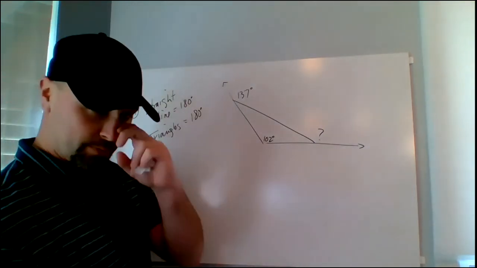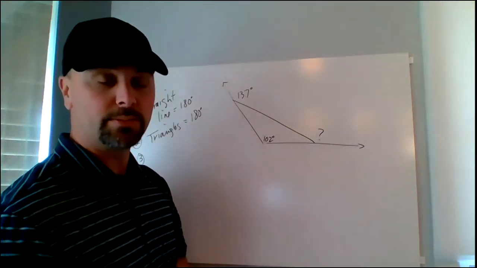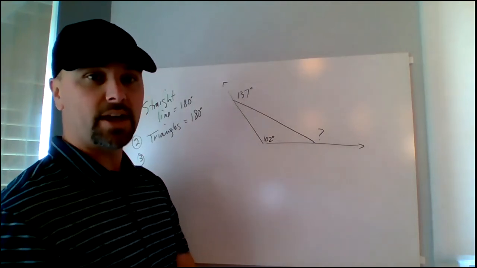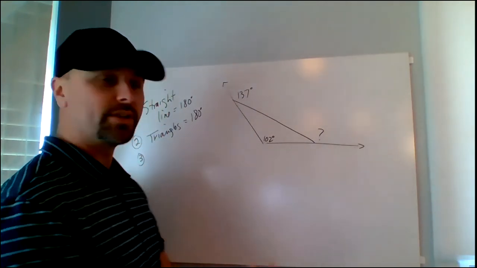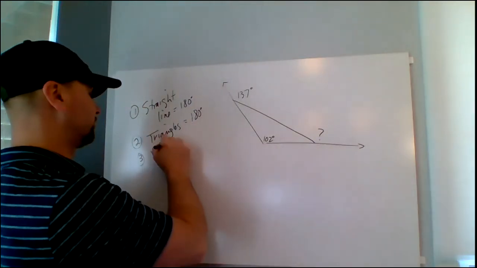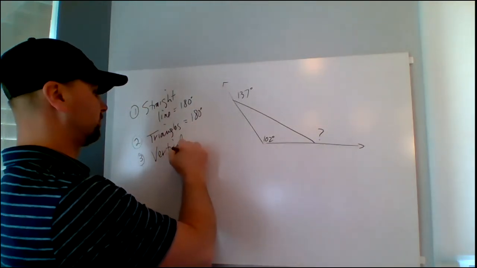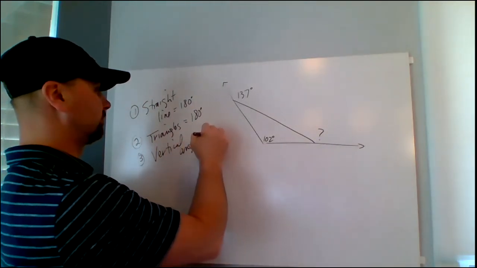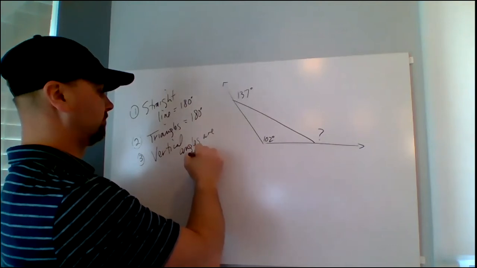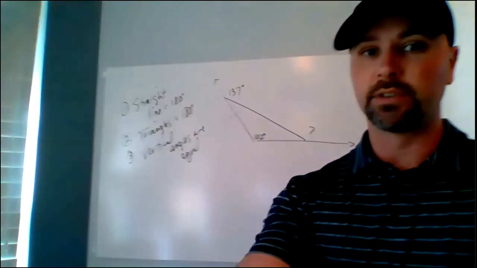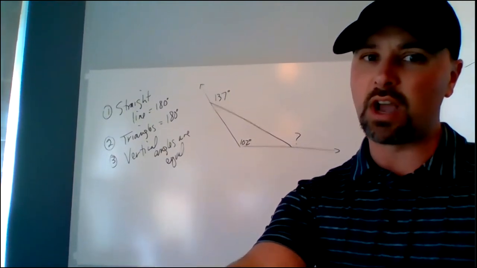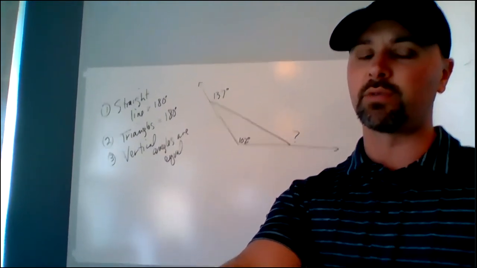Third big idea in order to solve these problems is that intersecting lines create vertical angles, opposite angles. Opposite angles are always the same. Okay, big ideas there. Straight lines 180, triangles are 180, vertical angles are equal.